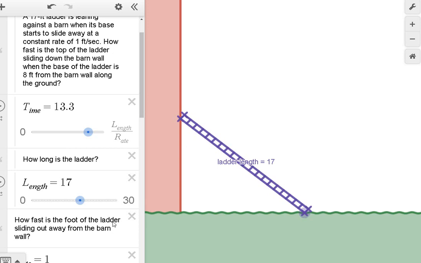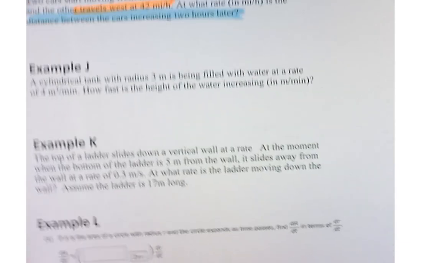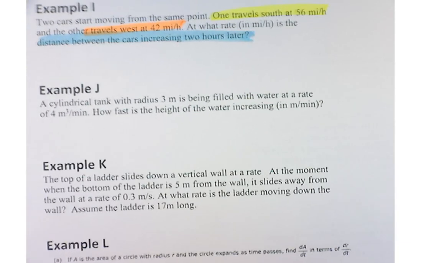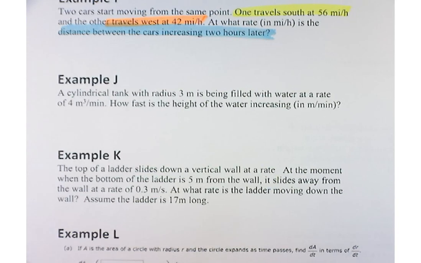Okay. Let's take a look at example J. A cylindrical tank with a radius of 3 is being filled with water at a rate of 4 meters cubed per minute. Meters cubed reflects the fact that it's a volume. How fast is the height of the water increasing in meters per minute?